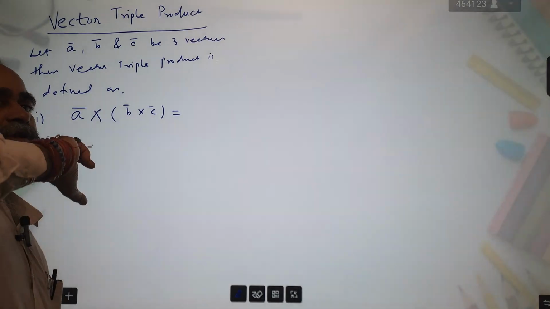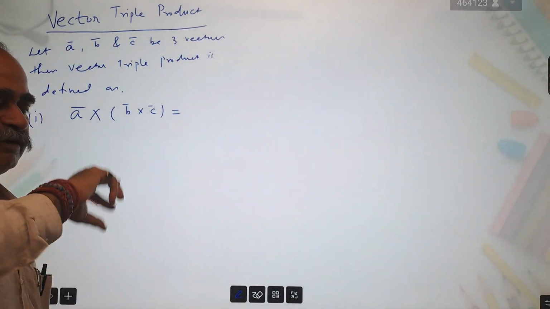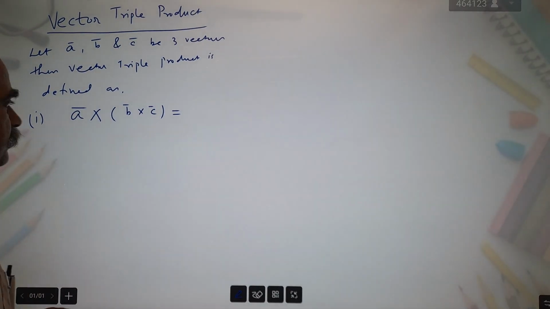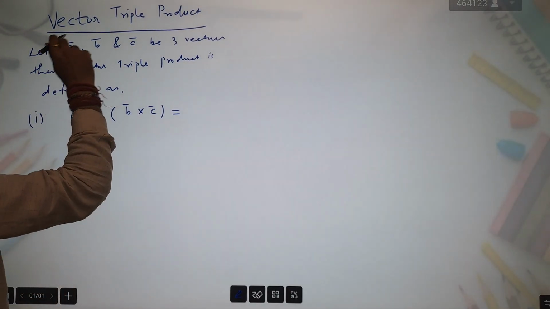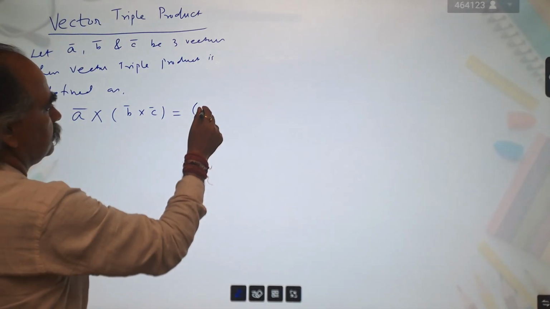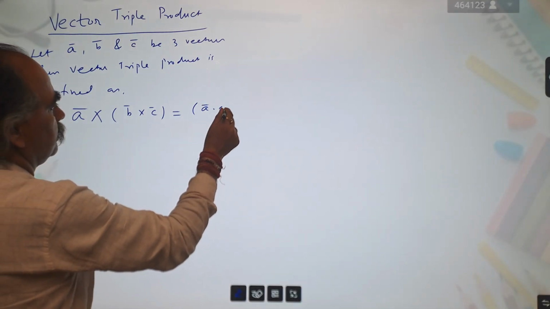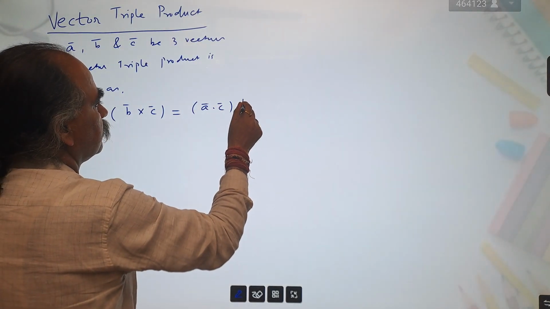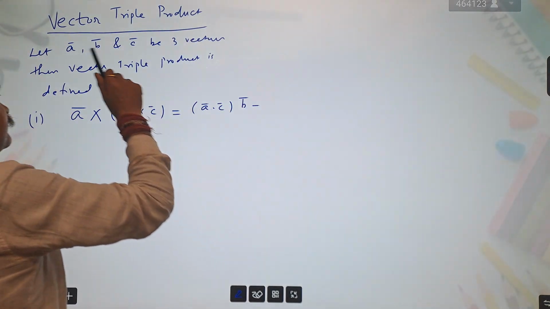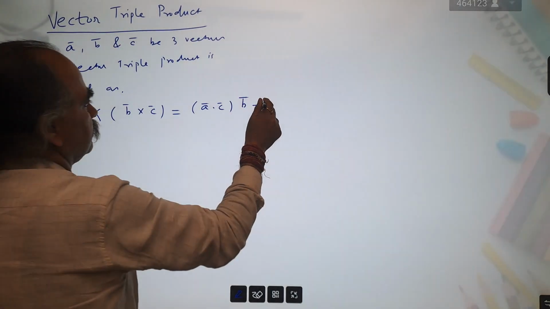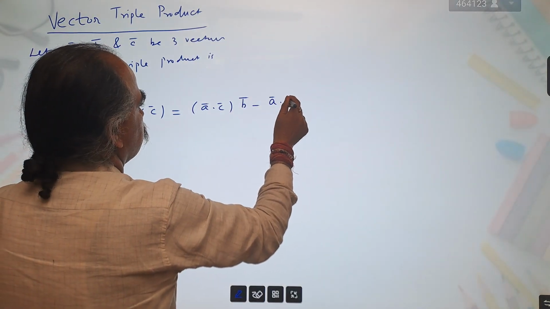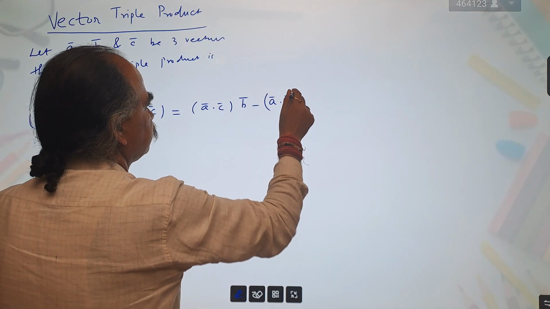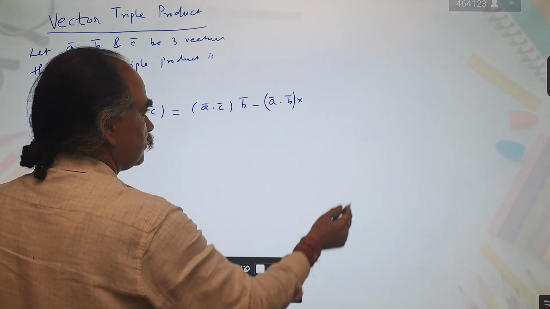Just like the section formula, the first number we multiply to the third point, the second number to the first point. Same way here: A bar dot C bar times B bar minus A bar dot B bar times C bar.